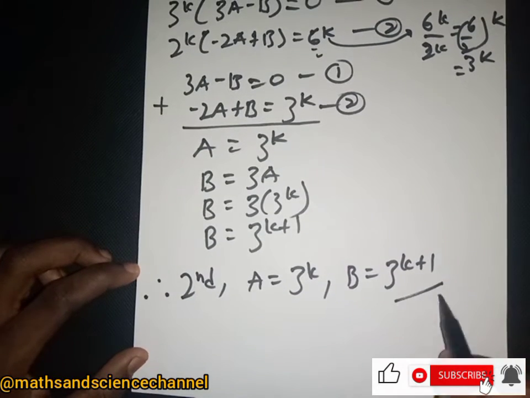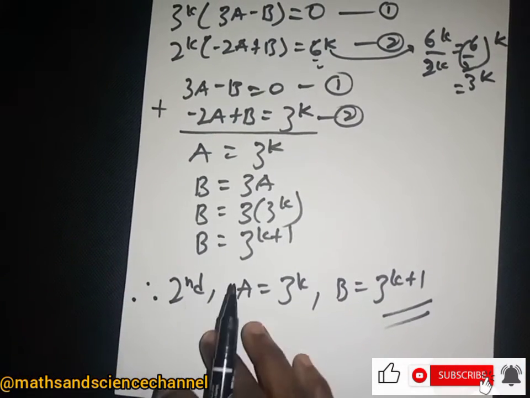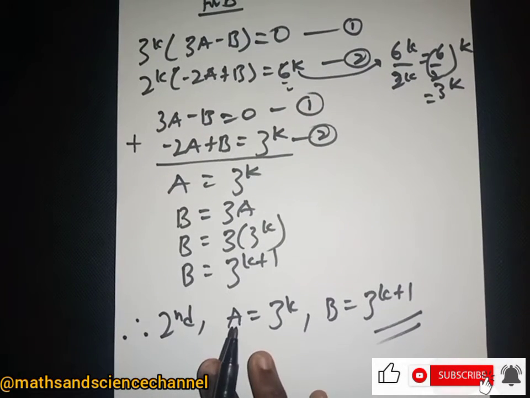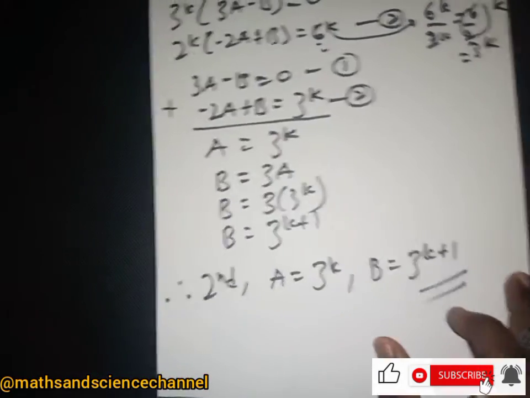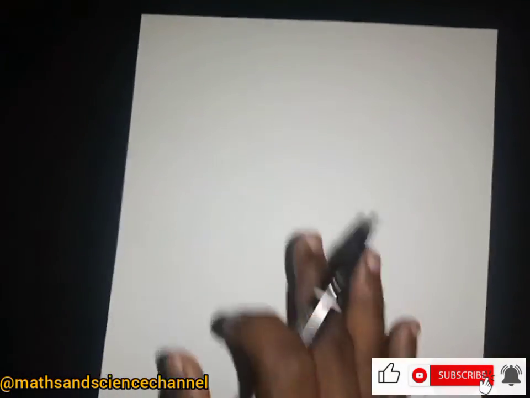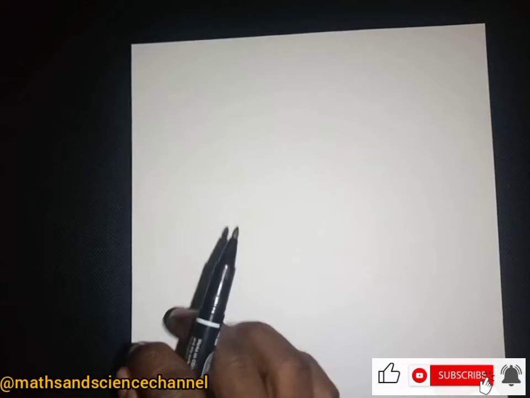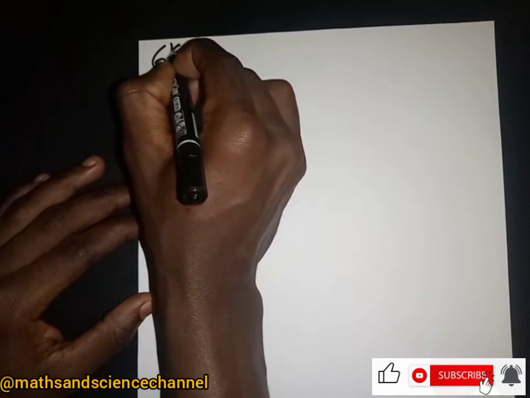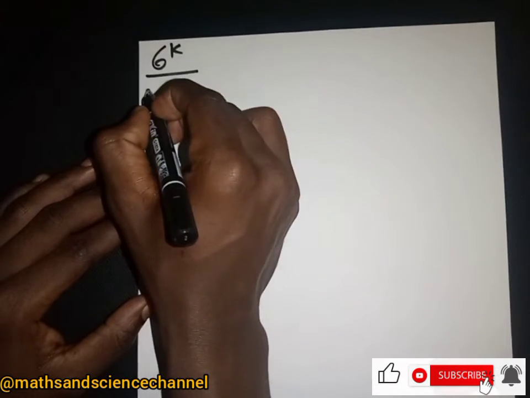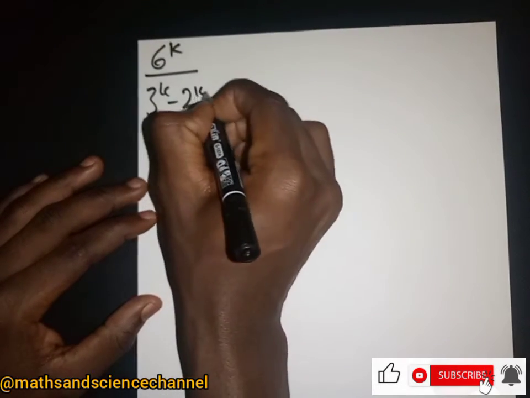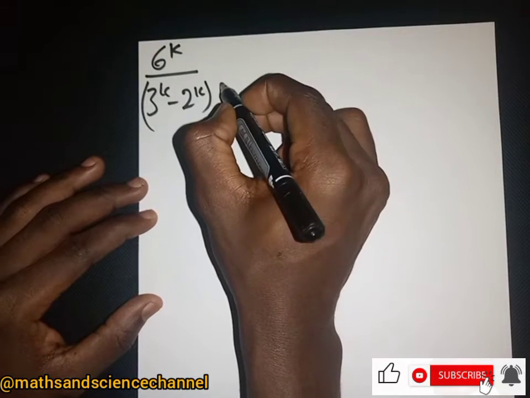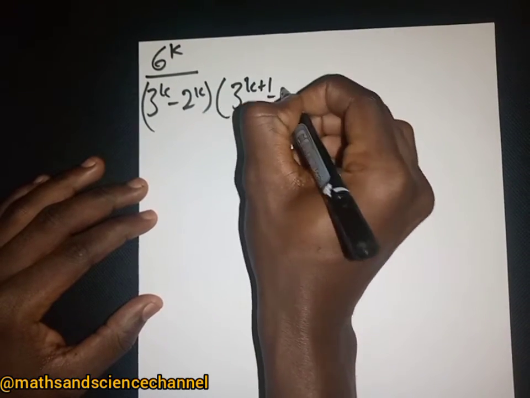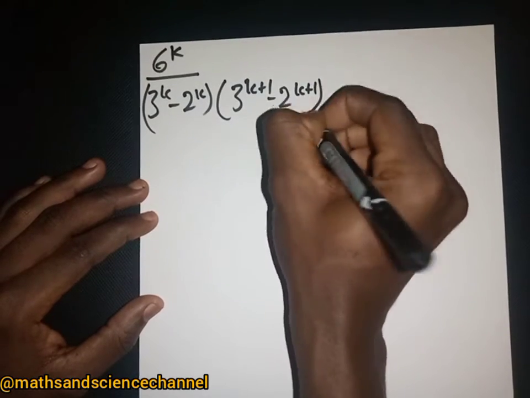Okay, so if that is the case, then we can substitute this into the general sum. So the general sum was given as follows, so let's write the values of a and b. We only take the first part: 3^k minus 2^k, then 3^(k+1) minus 2^(k+1).